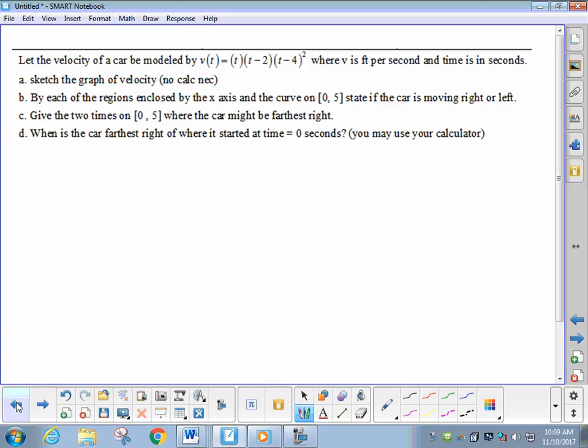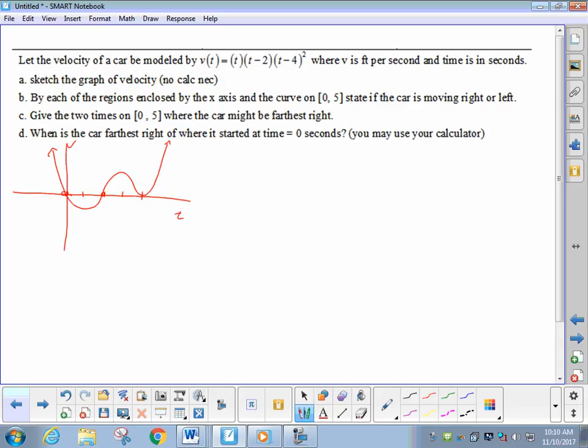Okay, so this is an x to the 4th shaped graph, yes? With zeros at 0, 2, and 4, and it bumps at 4. Hopefully you have the graph correctly shown. I didn't word this very well.